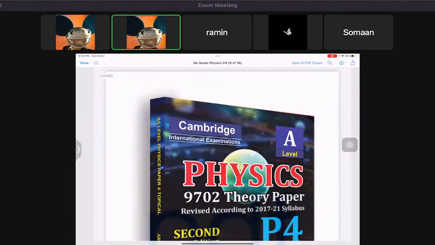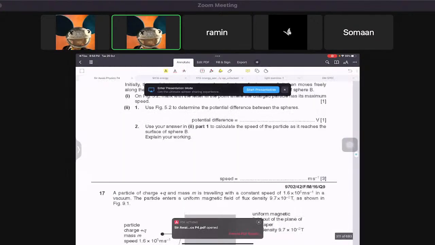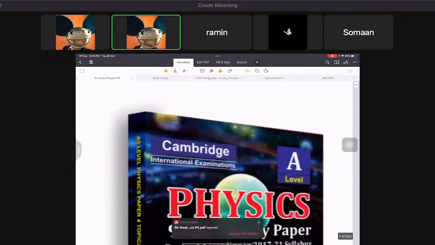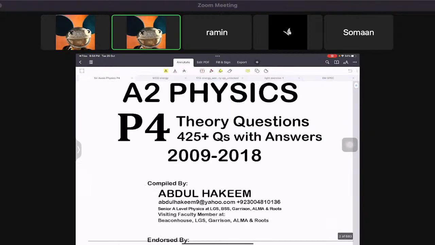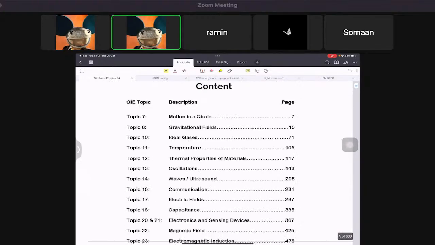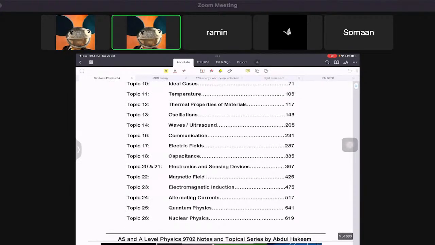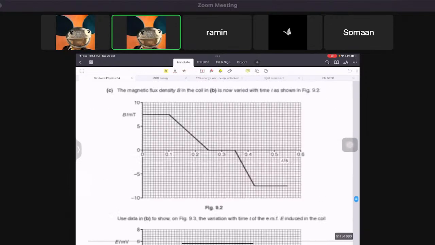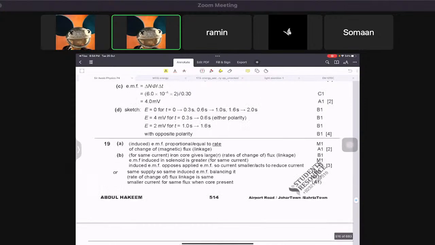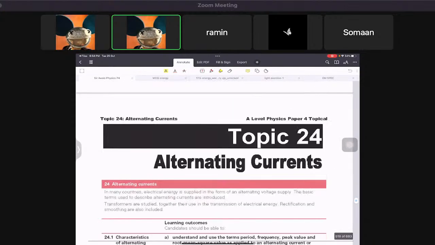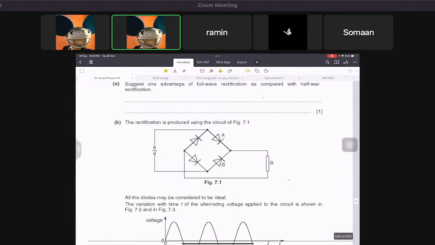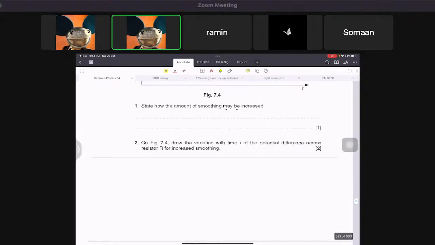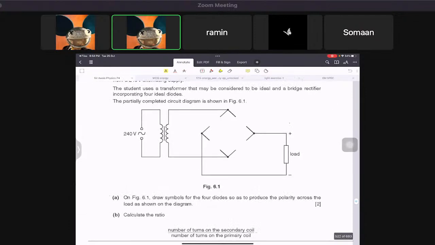So we are going to look at alternating current 517. Okay, this is a simple thing. We are not going to get into it right now. Okay, this sort of question that I'm talking about.